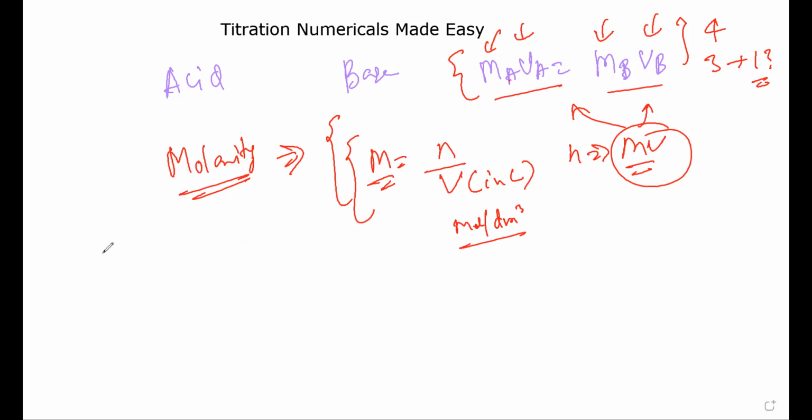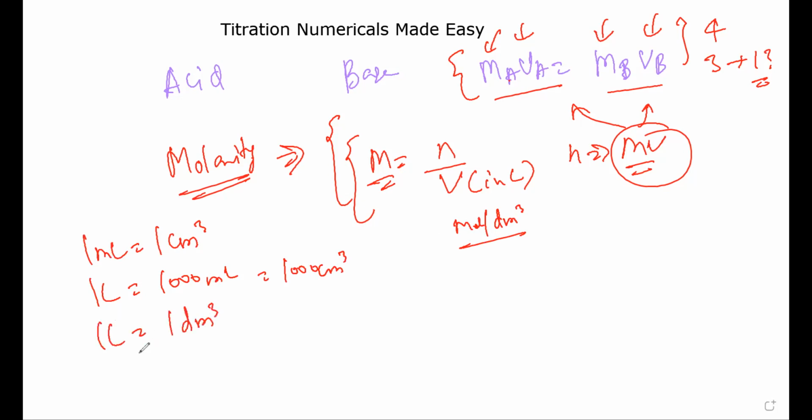There are certain things which you need to keep clear in your mind: 1 ml can also be written as 1 centimeter cube. That means in 1 liter we have 1000 ml, so we have 1000 centimeter cube in a liter, and also 1 liter is equal to 1 decimeter cube. So please don't get confused with centimeter cube or decimeter cube.